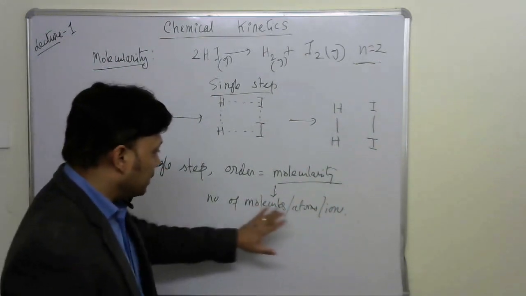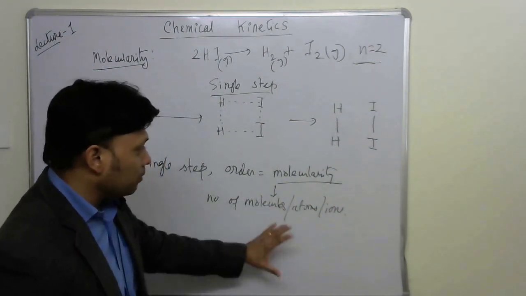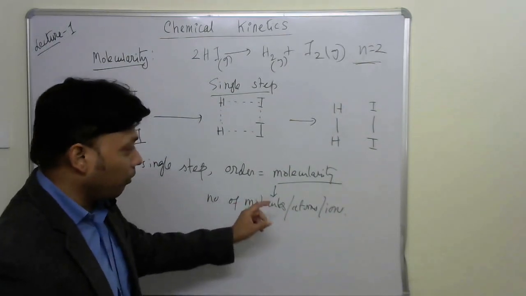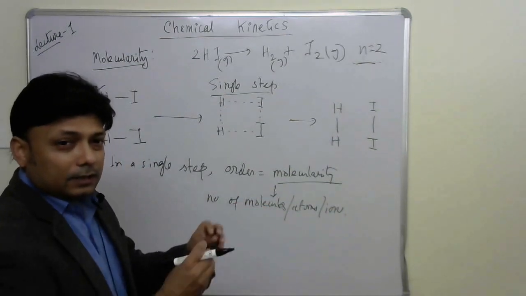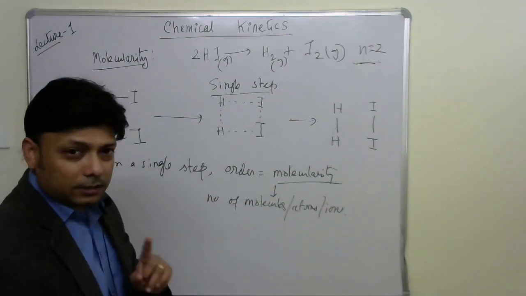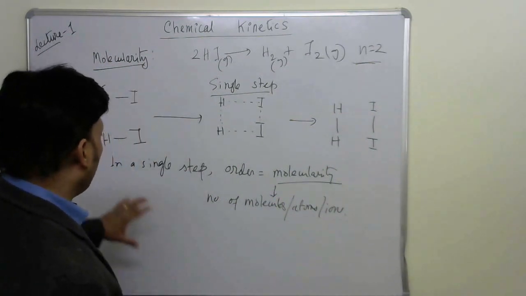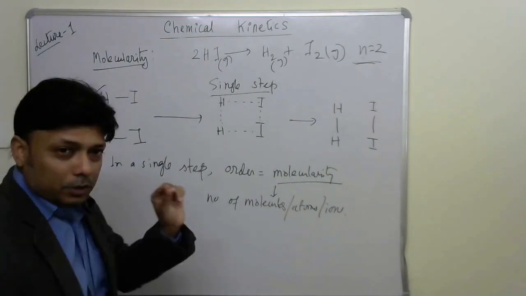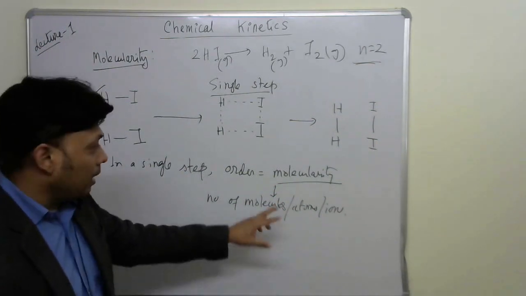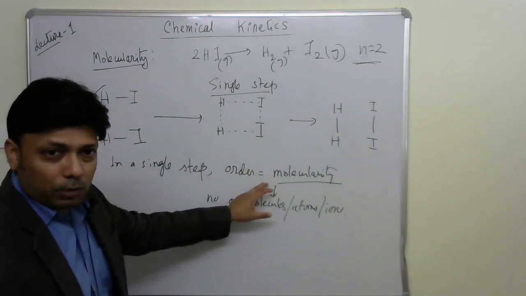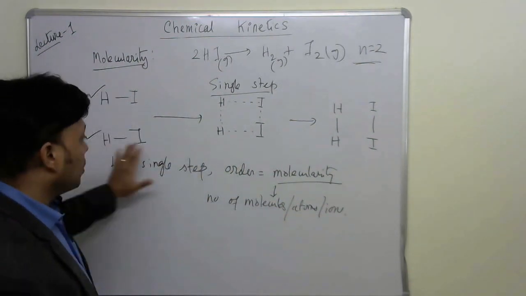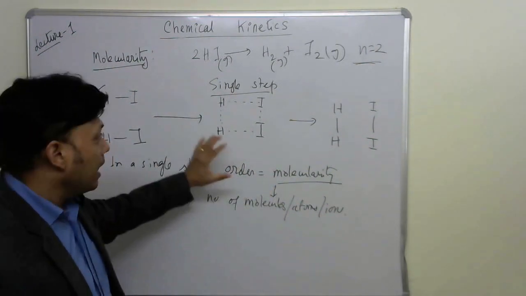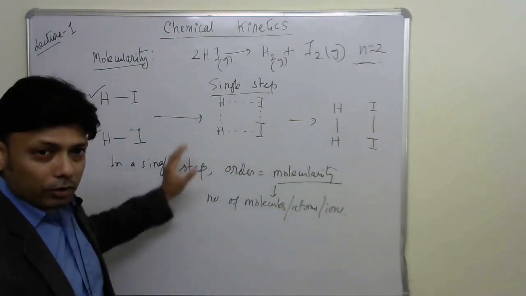Remember that the number of molecules, atoms or ions defines the molecularity, provided they collide in a single step. So molecularity is a concept applied to a particular single step. Molecularity is a number, it can't be a fraction, it is always a whole number, because it counts molecules, and it is not applied to the overall reaction.